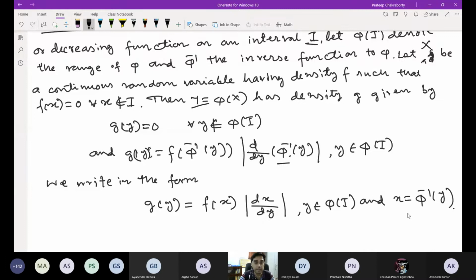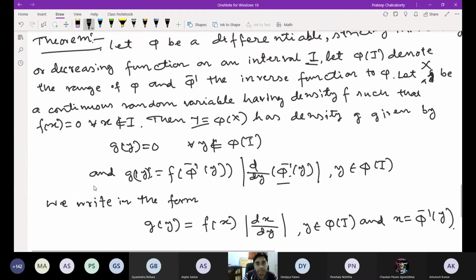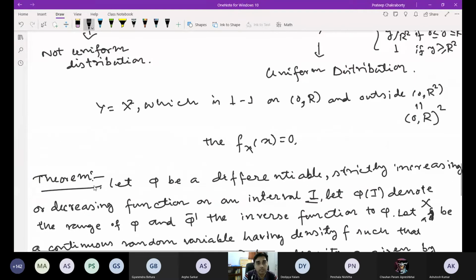In the previous example, we actually used this. y equal to x squared is not only 1 to 1, it is strictly increasing on 0 comma r, and outside 0 comma r, I'm sorry, this is not r square, it is outside 0 comma r.